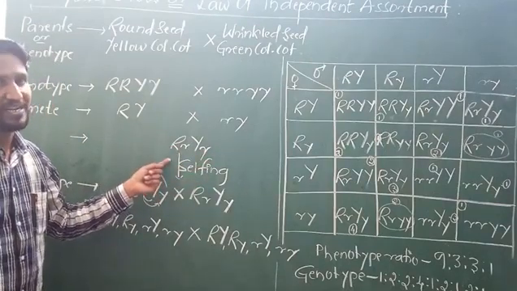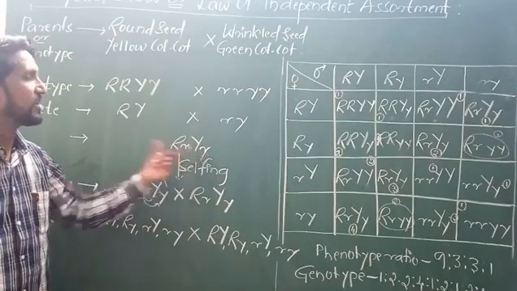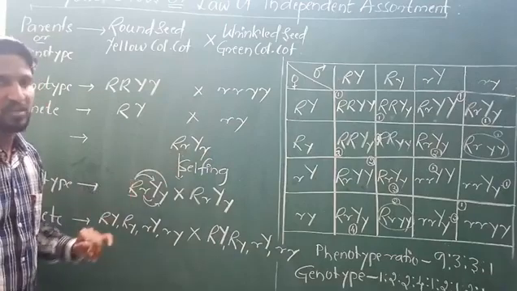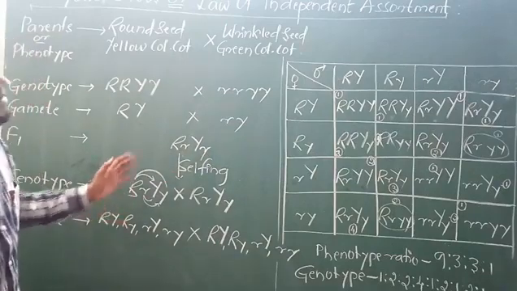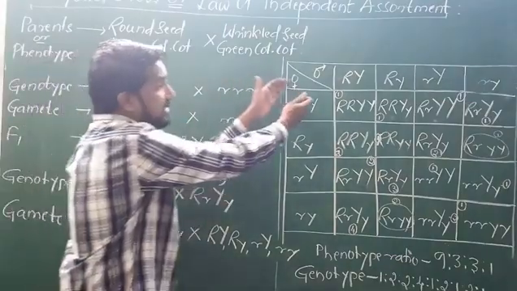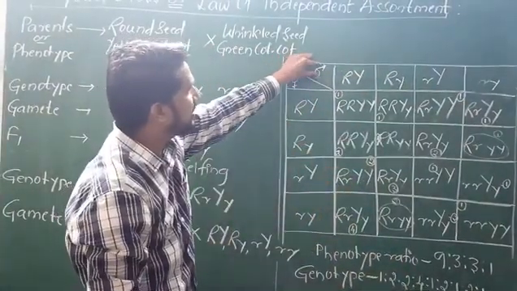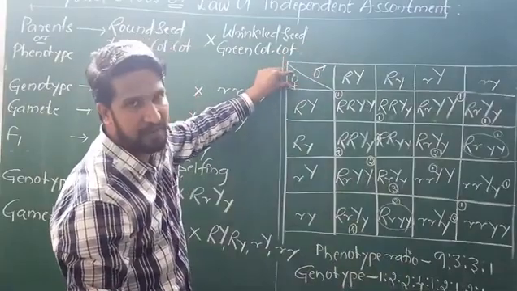That must be understood. Right? Round seed with yellow color cotyledon is the main theme of it. Their gametes are formed and kept under the checkerboard. In the checkerboard, one is taken as male and another as female.